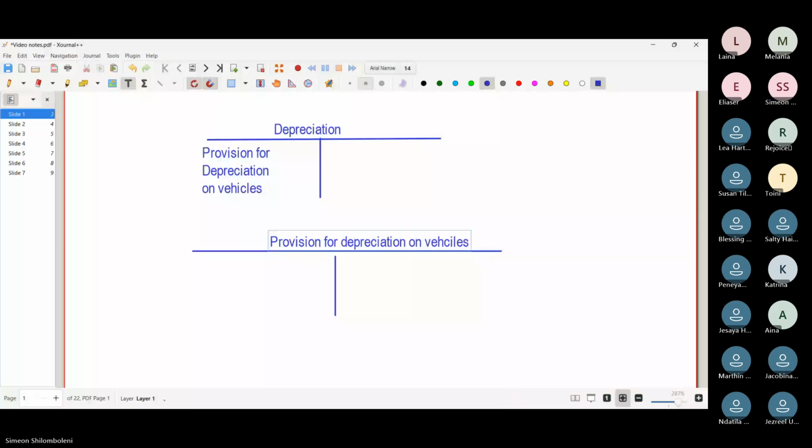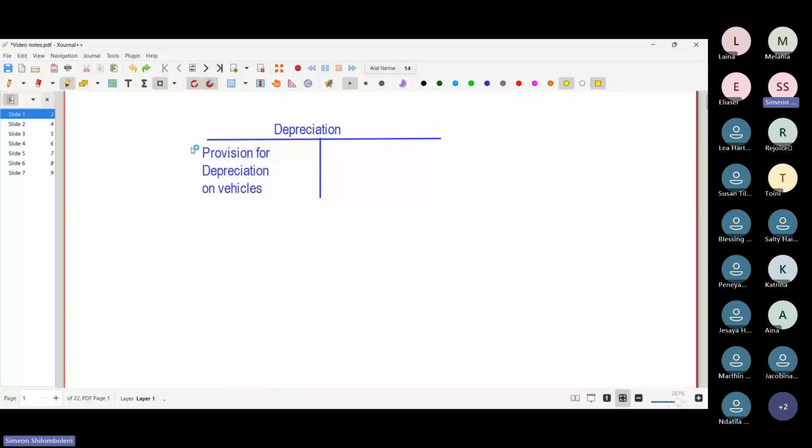So when I say I expect you to know double entry at AS, if you find something like this, automatically you must already know that I am going to create an account that needs to go to the credit side. And the account that is going to be created is what is written inside.